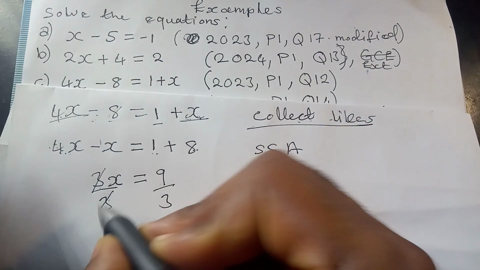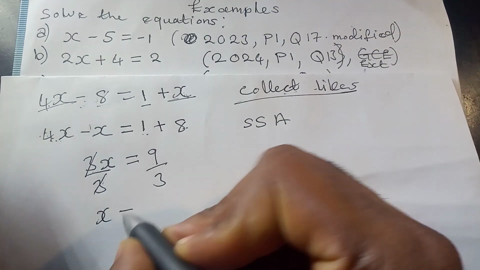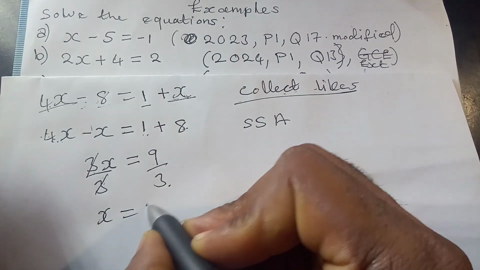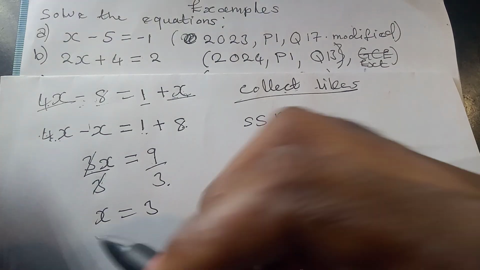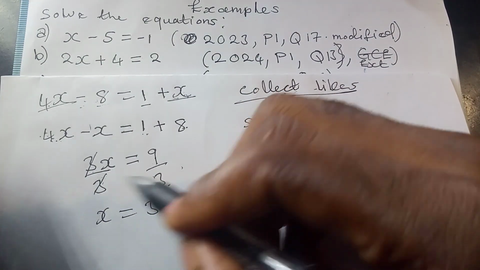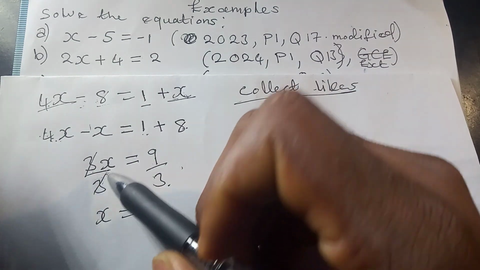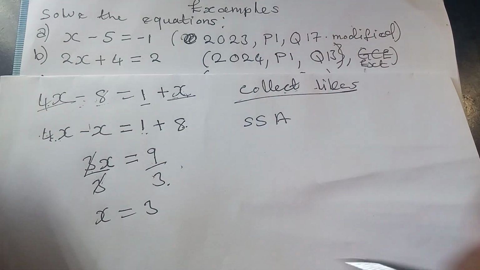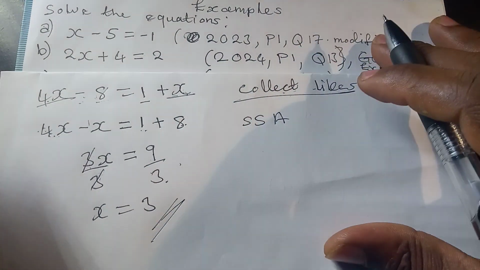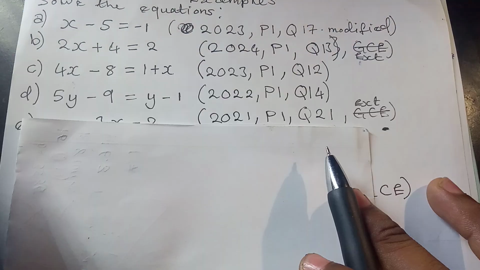So this and this will go, and then we can say 3 into 9, this is 3. So remember, the idea here is to divide both sides by the coefficient of x, so that x is all alone on the left hand side, and then you are done with the equations. So that means your x is equal to 3.